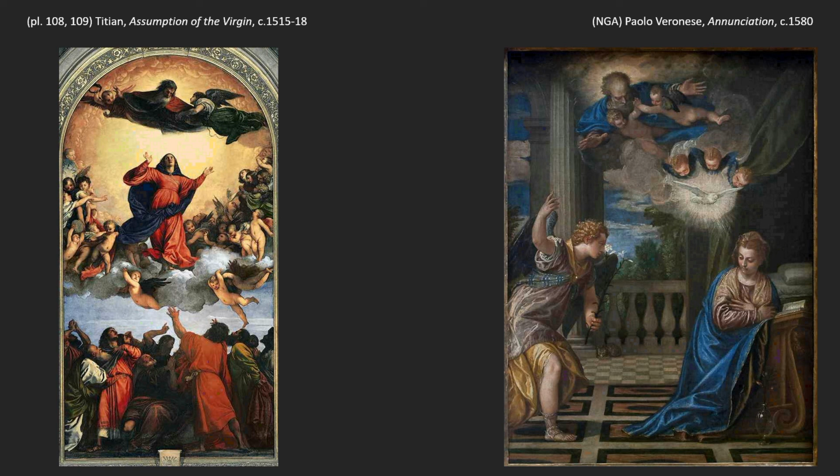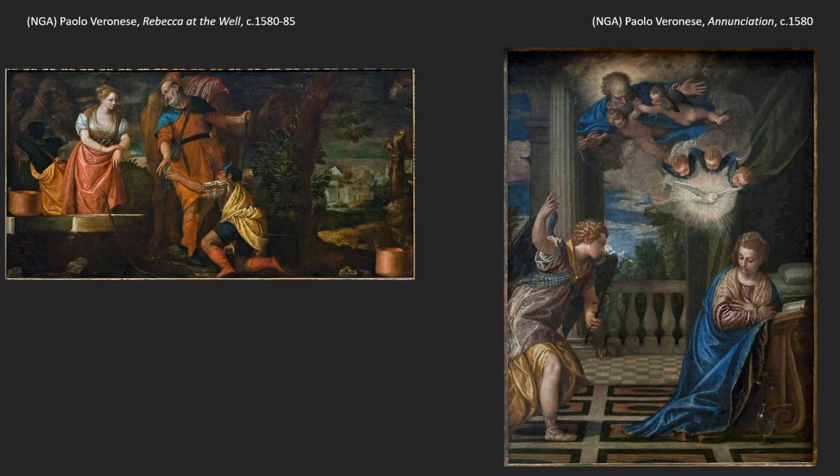Okay, we also looked at this downtown, Rebecca at the well, but I wanted to give it some context as well. The story of Rebecca at the well comes from Genesis 24. Abraham had been traveling great distances. He sent off his servant Eliezer.